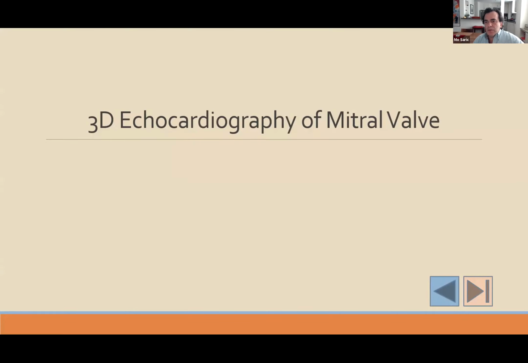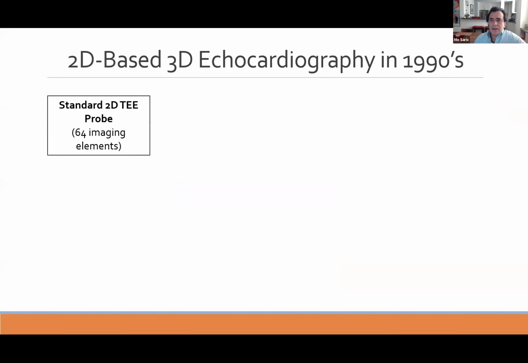Let's start with a little bit of 3D echocardiography of the mitral valve, and it's truly the essential role that 3D echocardiography plays in characterizing the mitral valve pathology, as well as guiding percutaneous procedures. Clearly, 3D imaging of the mitral valve is not something new. We have been doing this since the 1990s, originally with the standard TEE probe.